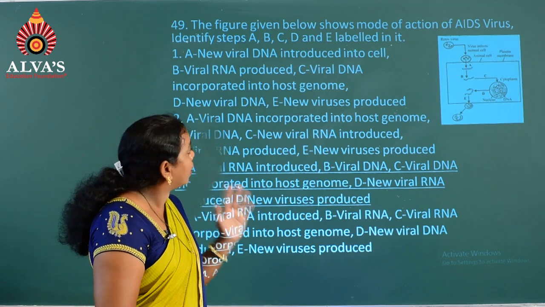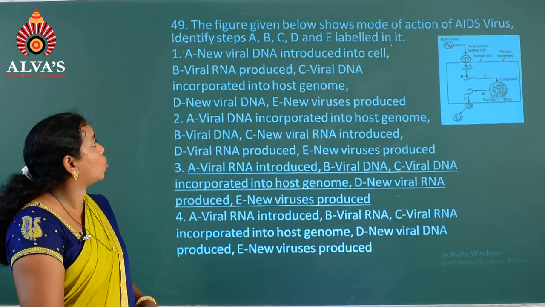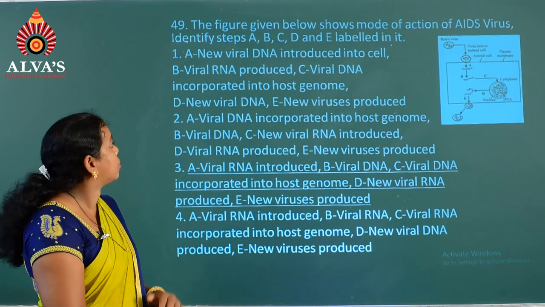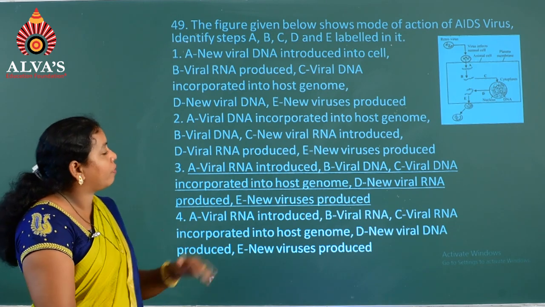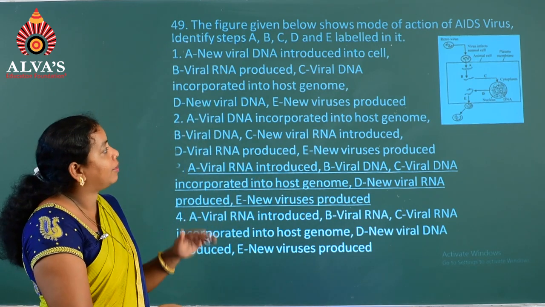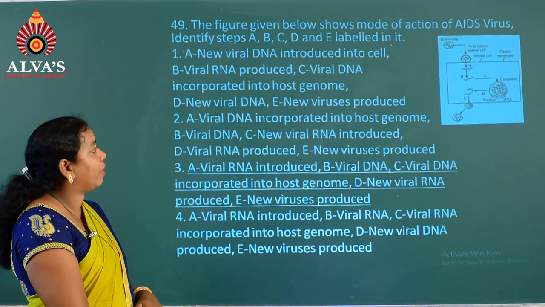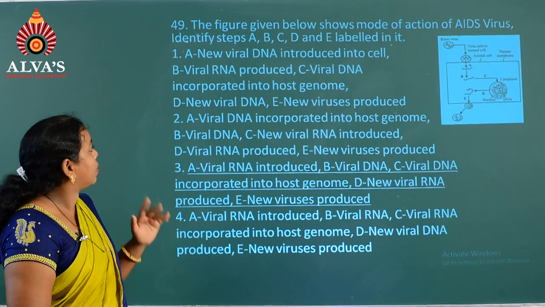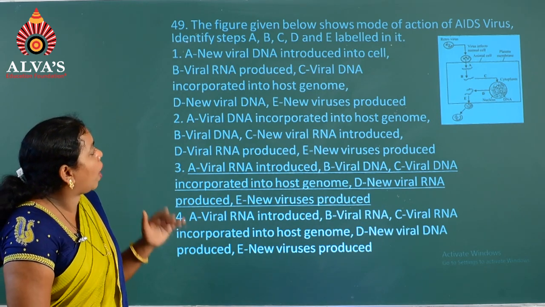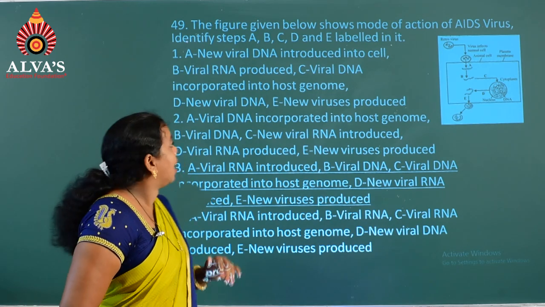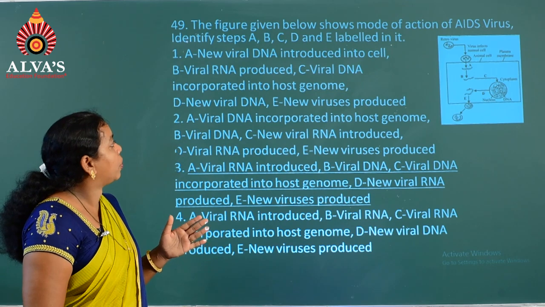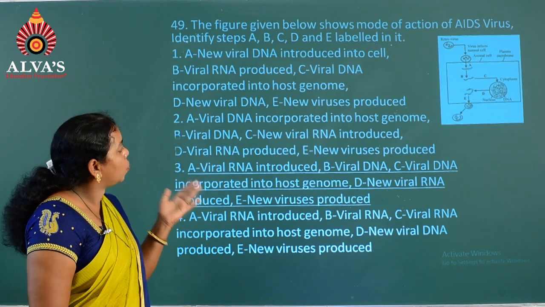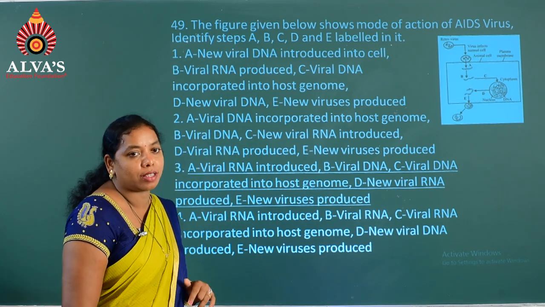The figure given below shows the mode of action of the AIDS virus. Identify the steps A, B, C, D and E labeled in it. In the diagram, we have to correctly identify the life cycle of this HIV virus. First option: A is new viral DNA introduced into cell, B is viral DNA produced, C is viral DNA incorporated into the host genome, D is new viral DNA, E is new viruses produced.